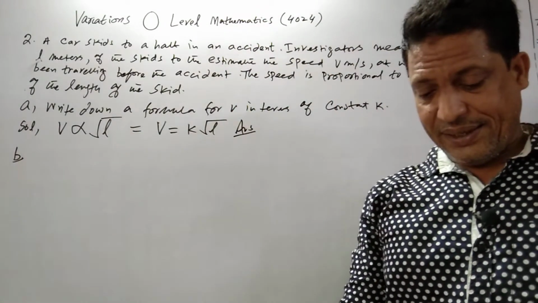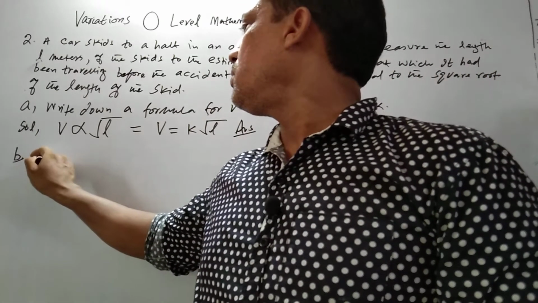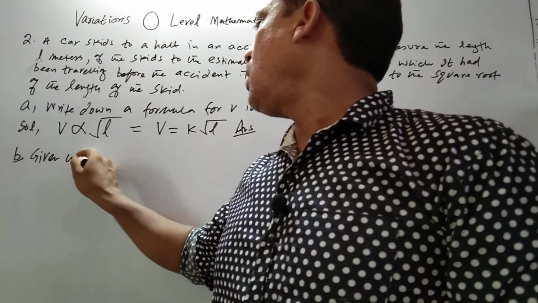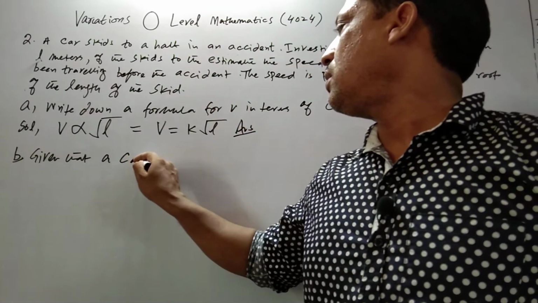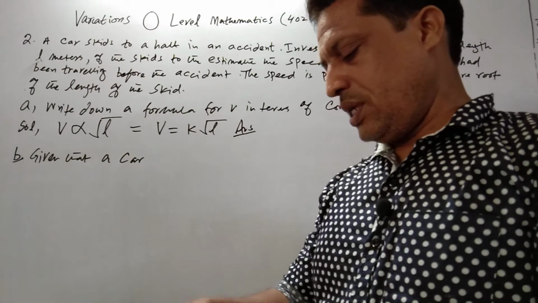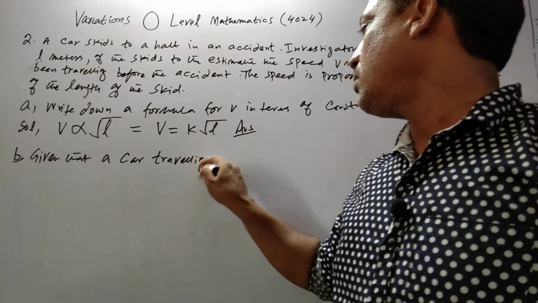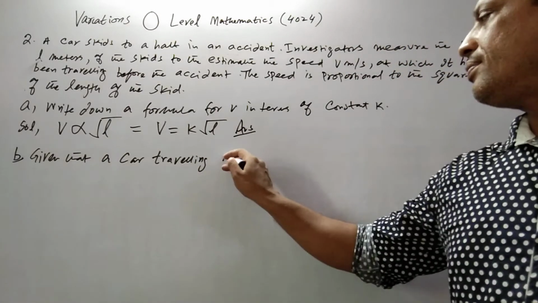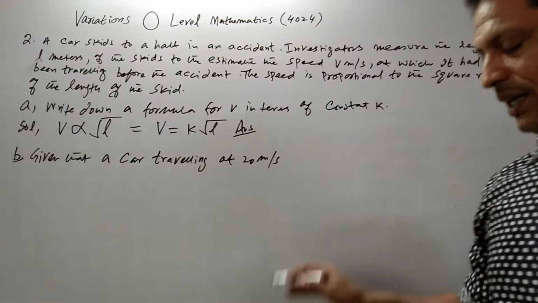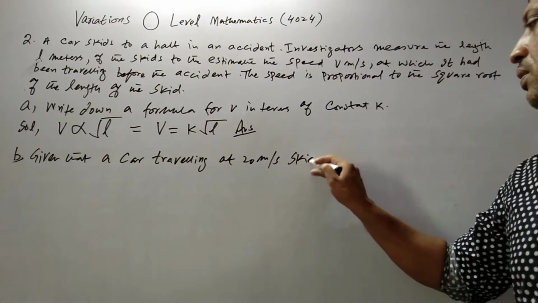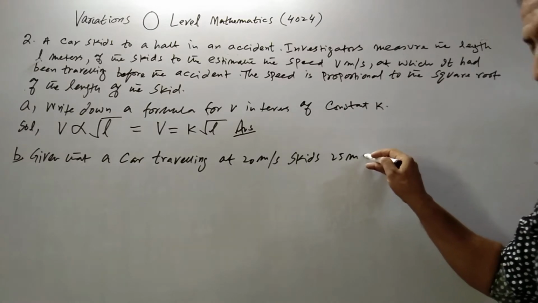Part B is given that a car traveling at 20 meters per second skids 25 meters.